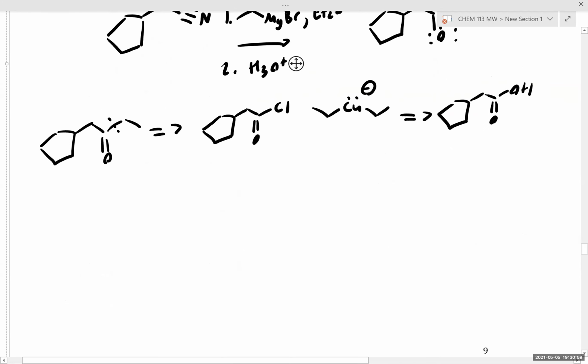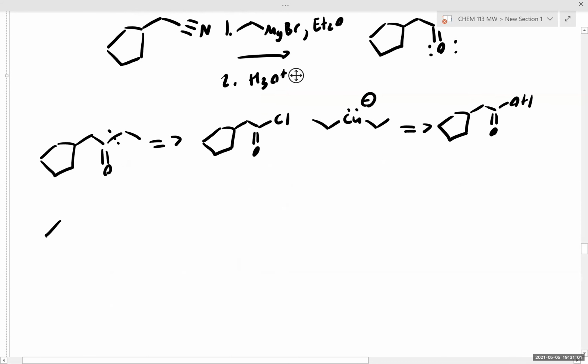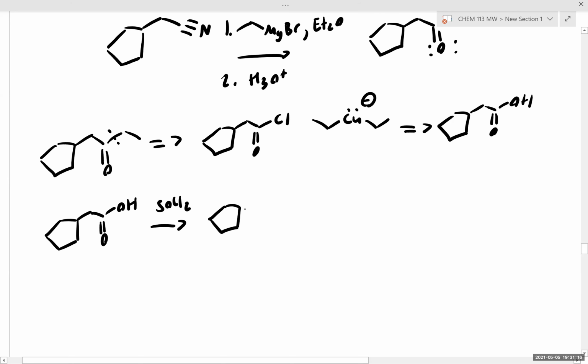So now that we have our retrosynthesis set up, let's now draw out our forward steps. So first, we can prepare the acyl chloride using thionyl chloride. That's pretty straightforward.